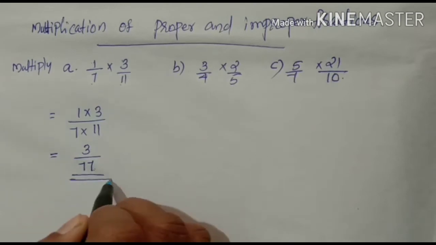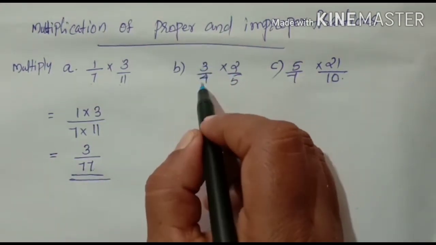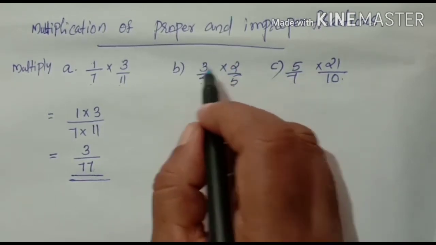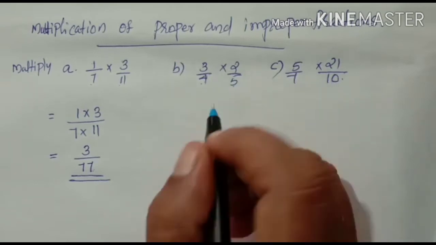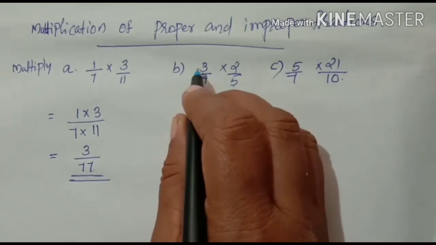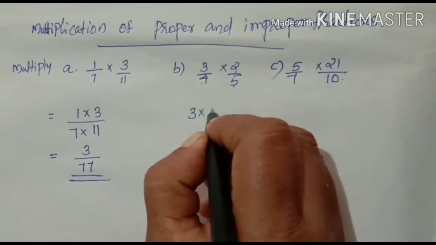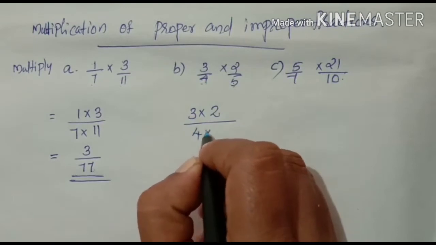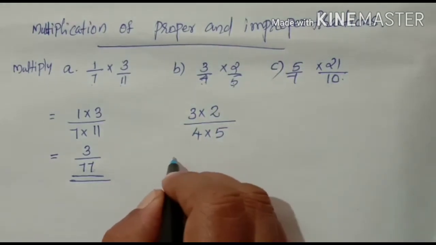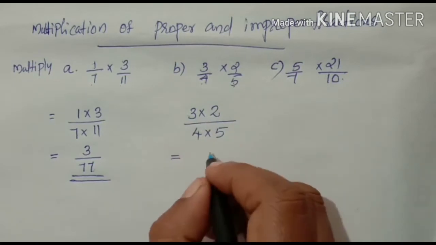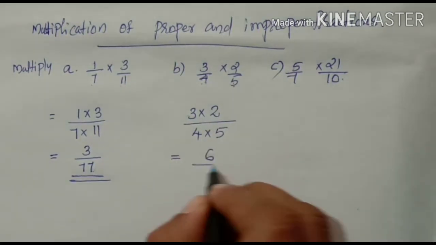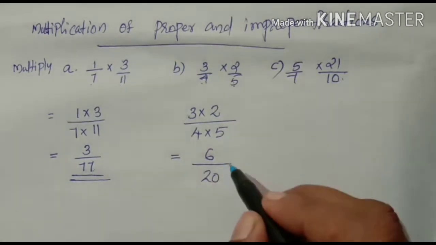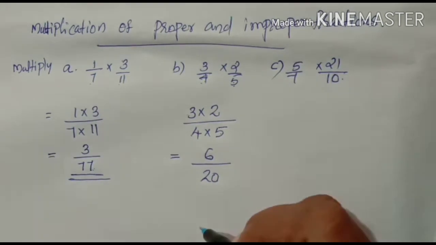Okay. Second one, 3 by 4 into 2 by 5. Multiply the numerator and multiply the denominator. So we can write 3 into 2 by 4 into 5. Clear? Which equals 3 2s are 6 by 4 5s are 20. Here 6 and 20 are even numbers.